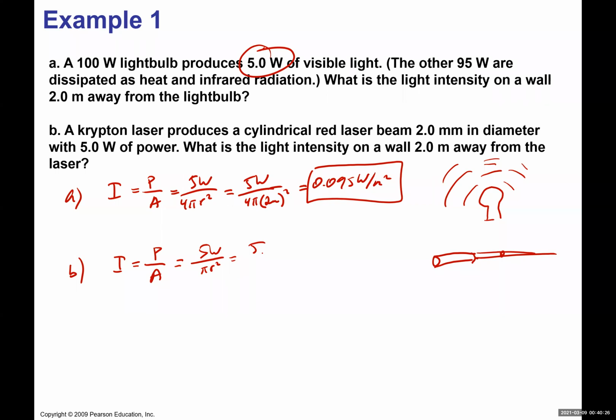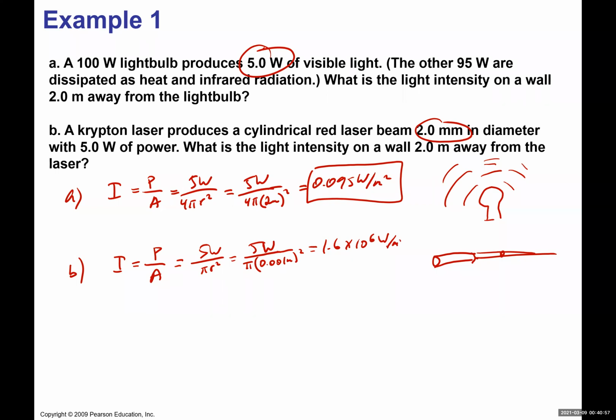That means this is 5 watts divided by pi times r squared. The diameter is 2 millimeters, so half of that is the radius, 1 millimeter, or 0.001 meters, squared. That's the cross-sectional area. So we get 1.6 times 10 to the 6 watts per square meter.